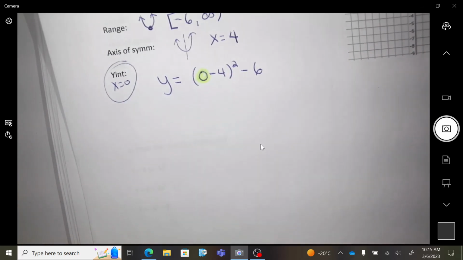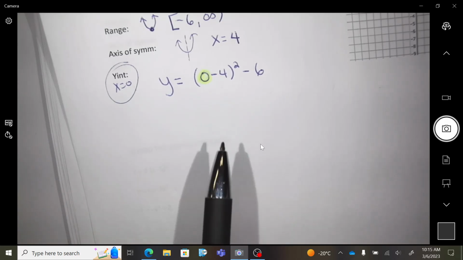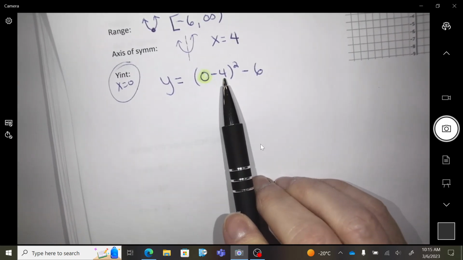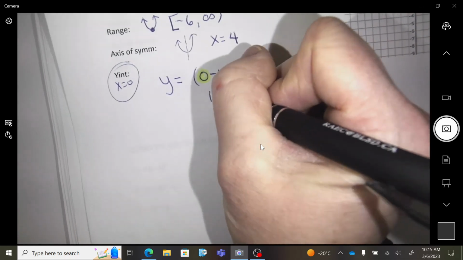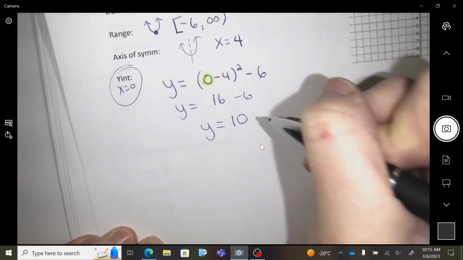And now this is math stuff. You got to figure out what it all comes out to be. So brackets, this is all BEDMAS, -4. And then when you square it, what happens to -4? Positive 16 minus 6 equals 10.